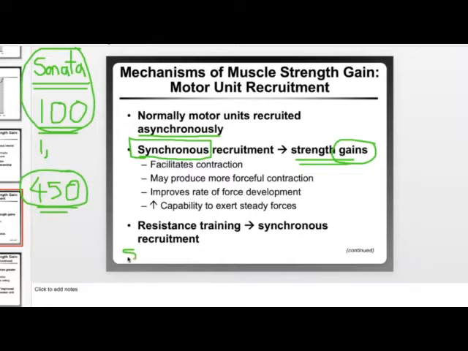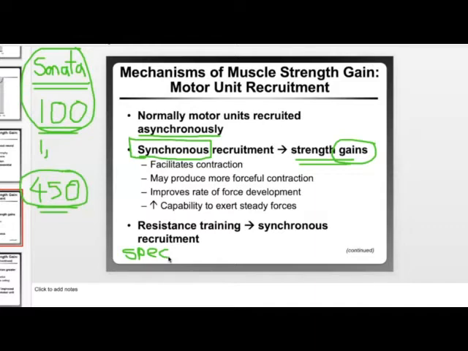Remember, we talked about one of the, let me just think of the right word, one of the tenets, not tenets, but it's the 5 principles. That's it. The 5 training principles. One of them was specificity of training.